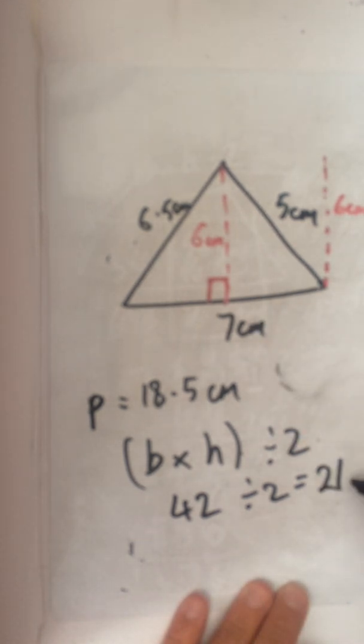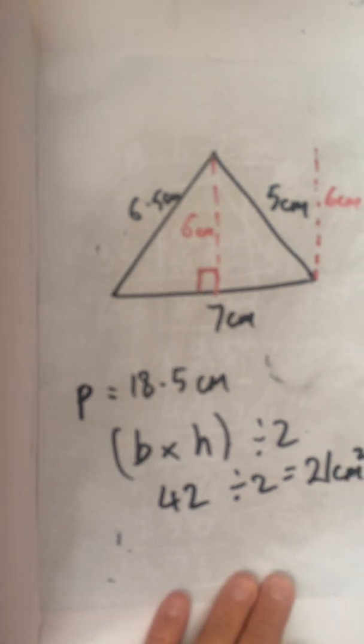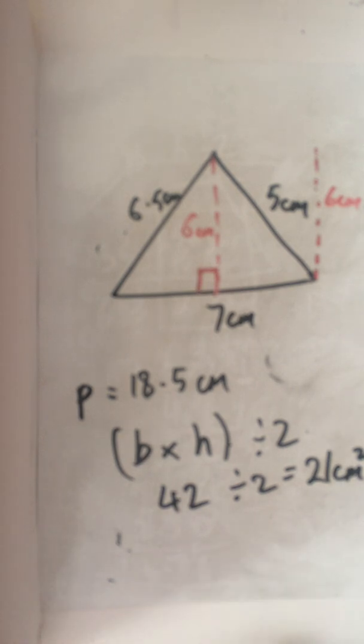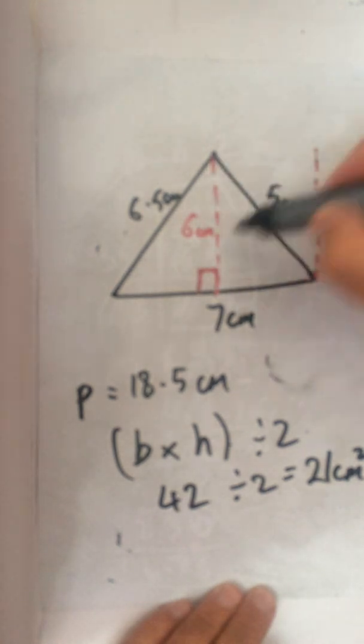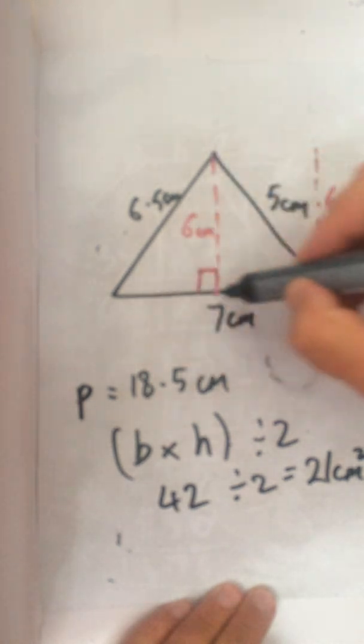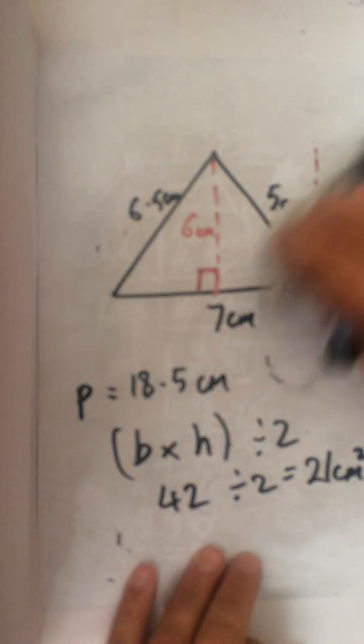So the answer to this one is 21. Remember, it has to be centimeters squared, okay, it has to be the centimeters squared. So just remember, you can only do it if you've got the perpendicular line, the line at the right angle from the base going up to tell you the height, okay. You could still do the perimeter on that one, okay.